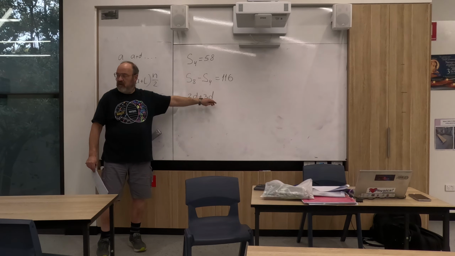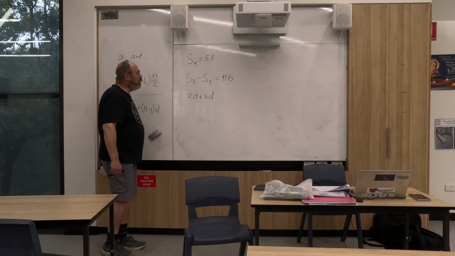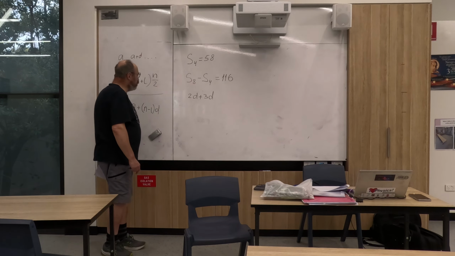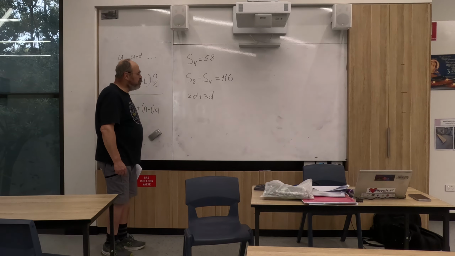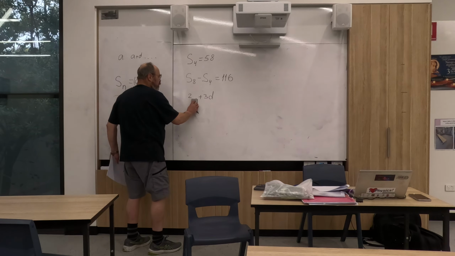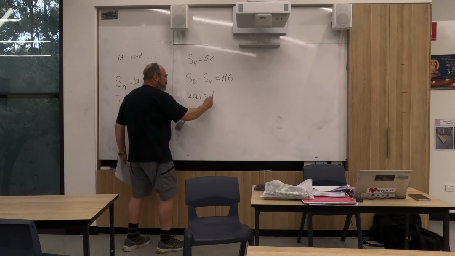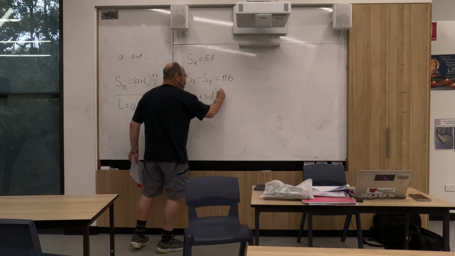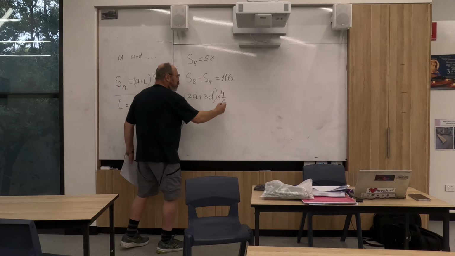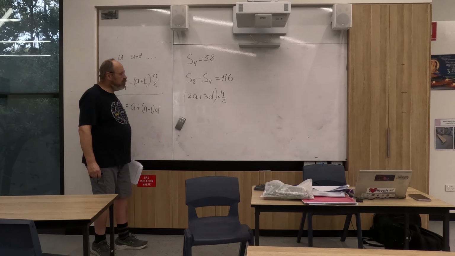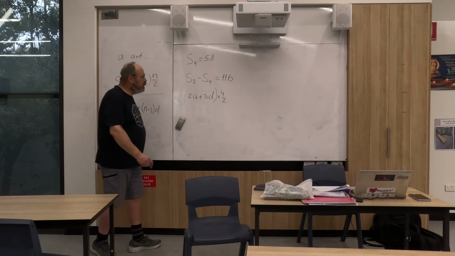Make sense? So S4, using the formula we just derived, will be 2a plus 3d, because n minus 1 is 3, times 4 over 2.